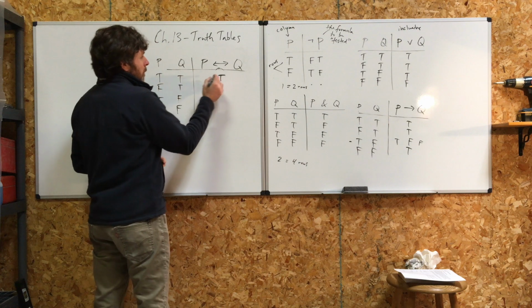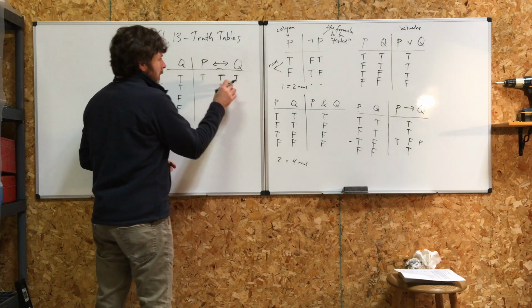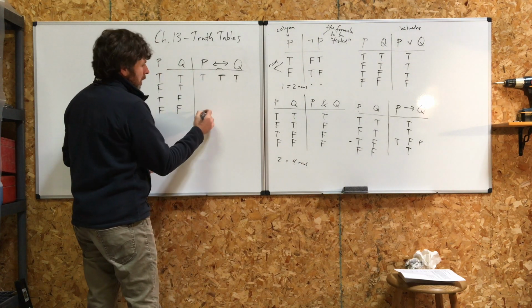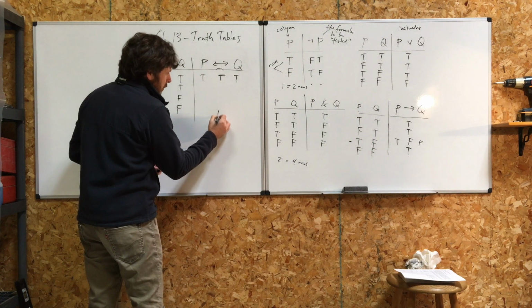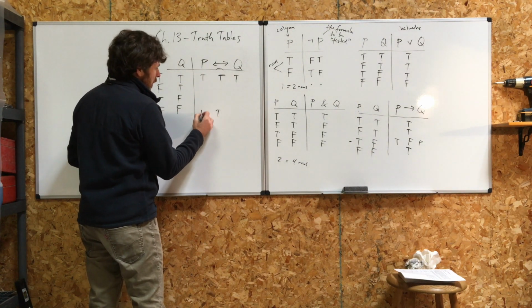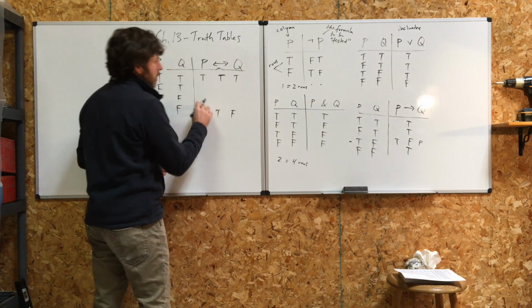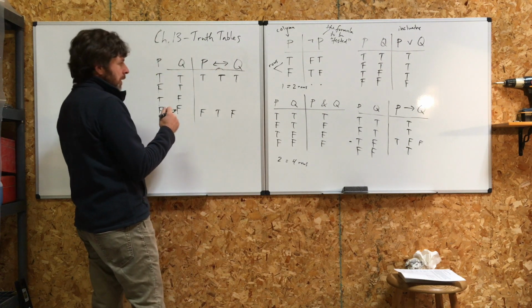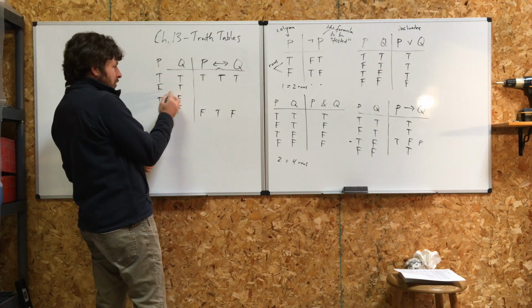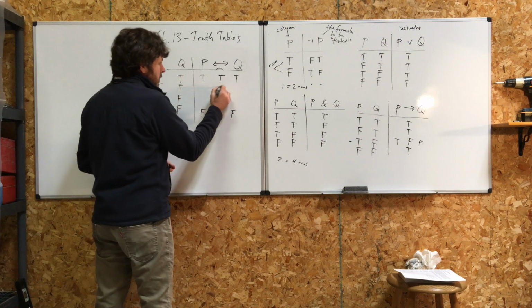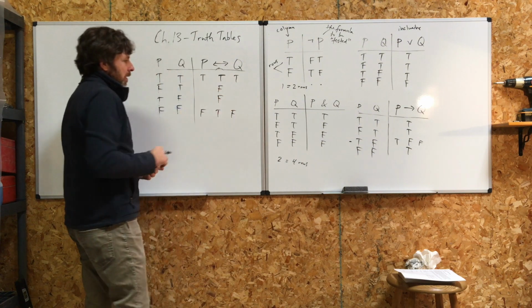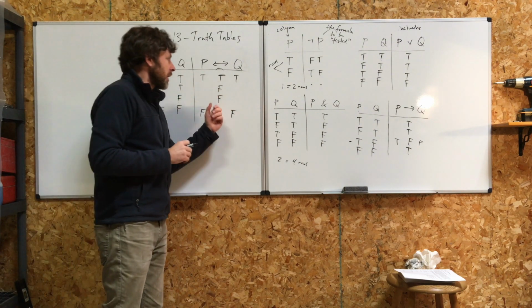Okay? So you get a true value here when they're both true. You also get a true biconditional statement when both components are false. The other 2 rows, where you get mismatching truth values, we have a false.